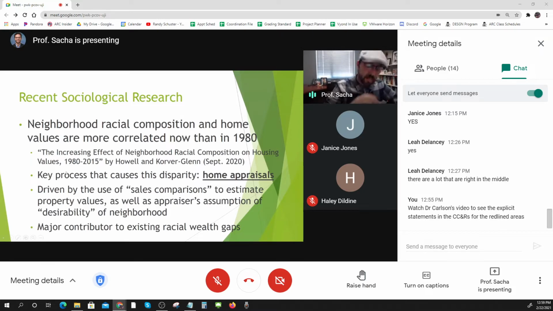Okay, and in digging into that quantitative finding, they found that the process through which homes are appraised, through which it's estimated how much homes are worth, is where the racial demographics of a surrounding community come to shape the monetary value of a home, the projected home value, right?